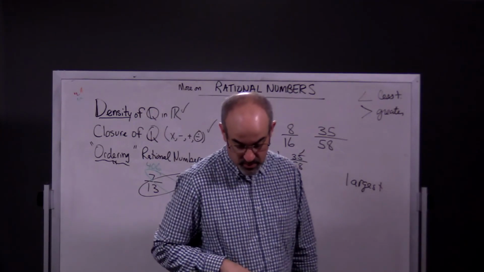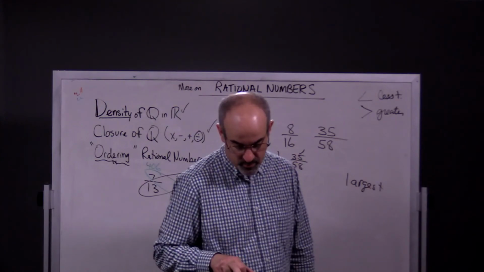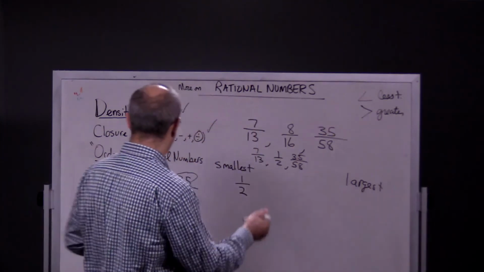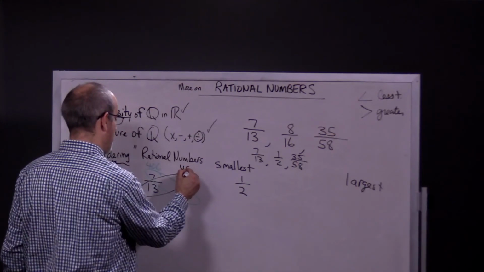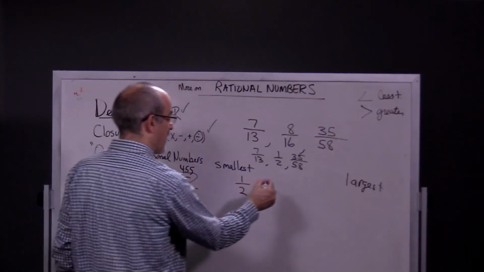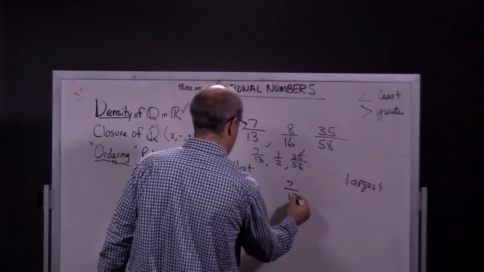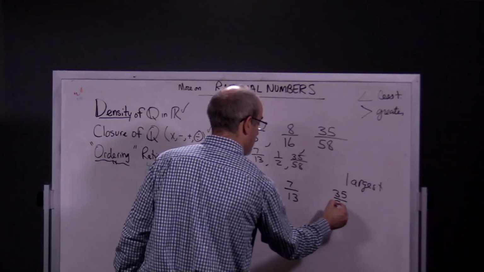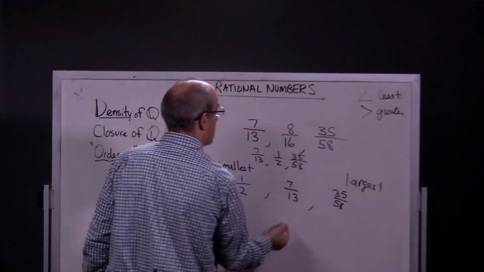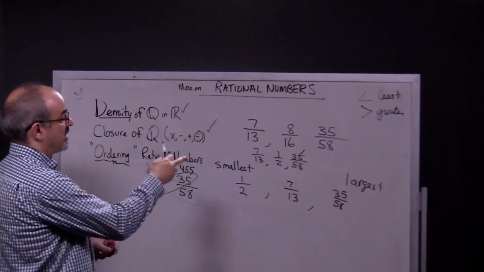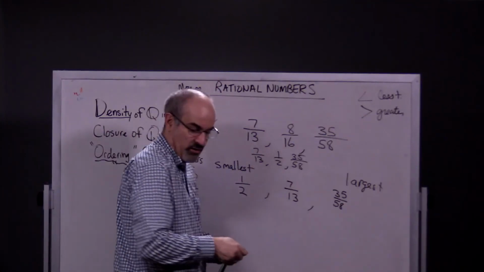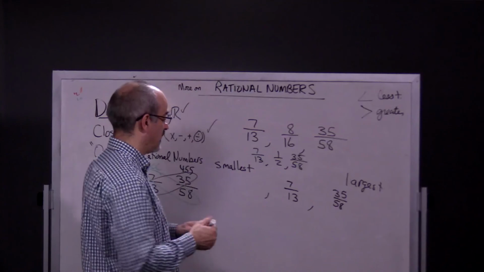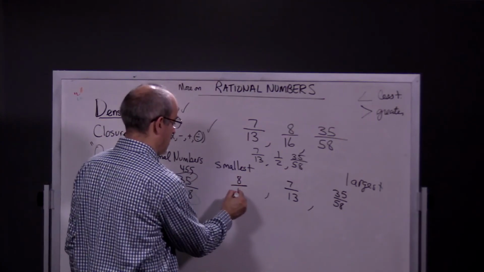Just checking. 35 times 13, 455. These are actually pretty close. But this number is bigger. So that means that 7/13 is the second biggest, and then 35/58 is the biggest. So we took those numbers and ordered them. Now in the original problem, it said 8/16, so I'll write 8/16.